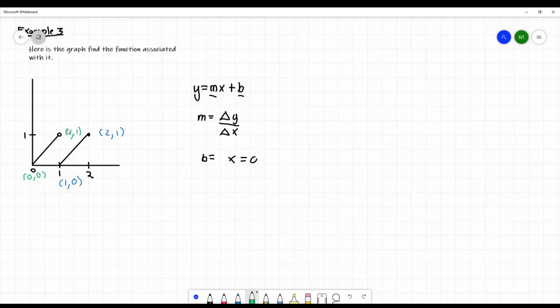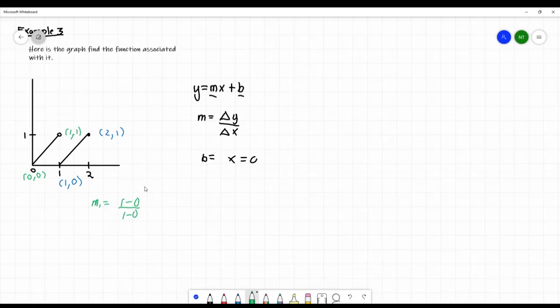So with green, I'm going to solve for the line here. First we need to find m. We'll call it m1 for the first line. So m1 is equal to the change in y, which is 1 minus 0, over the change in x, which is 1 minus 0.